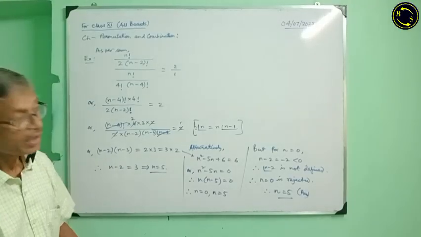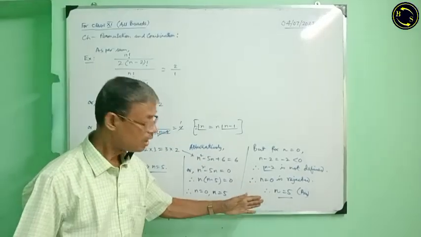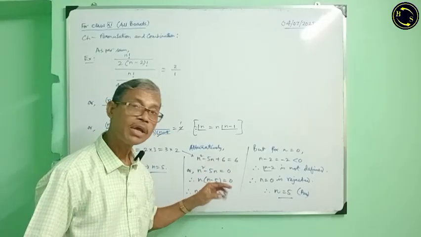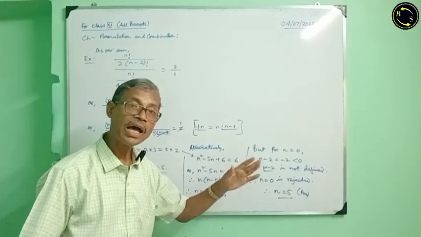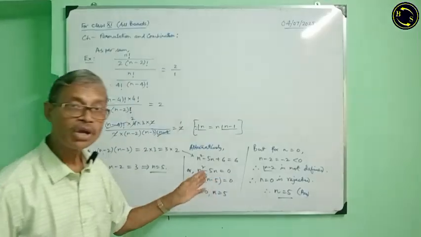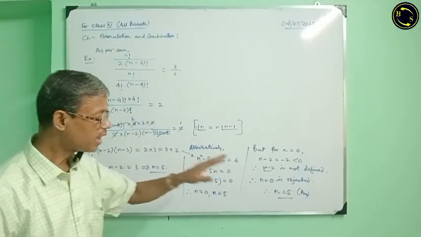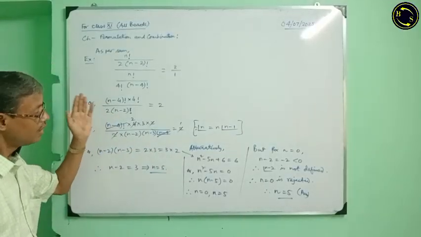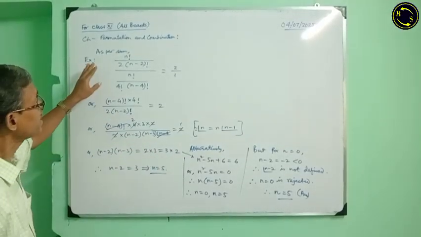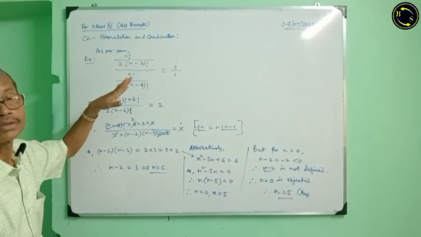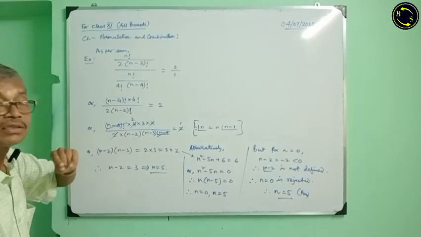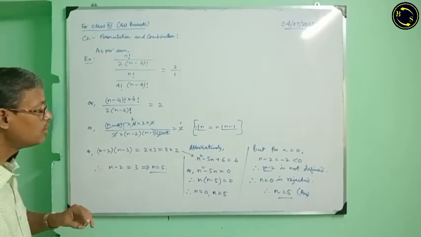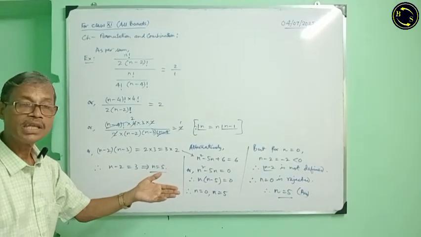For this, we can solve, and solving in this way, actually framing equation, we will have more than one values. After getting those values, we have to check whether those values are satisfying the original value. Here we see n is not satisfying in case of n equal to 0, therefore n equal to 5.